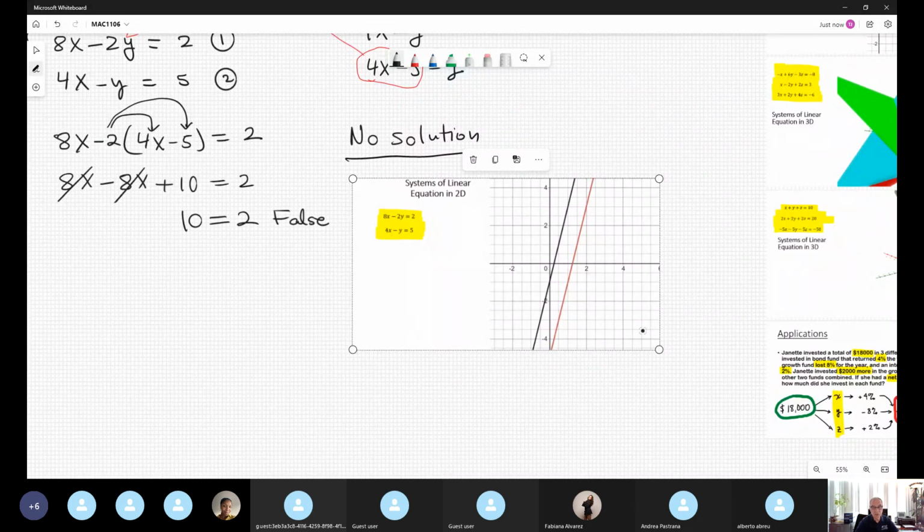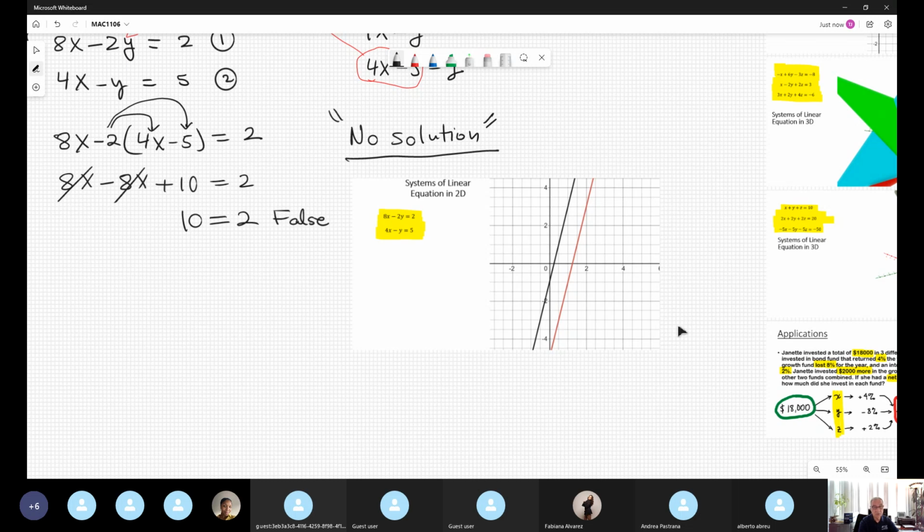I do the graph of these equations one by one, and the lines are parallel. And see, they are parallel, never meet. We have no common point. Therefore, this is the reason that we have no solution. Okay, in 2D, this is the interpretation. Each equation represents a line. These lines are parallel. Then we have no solution.